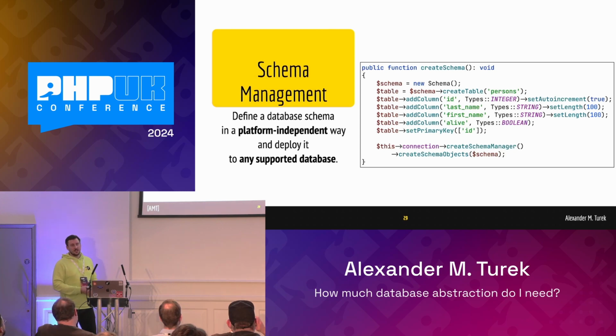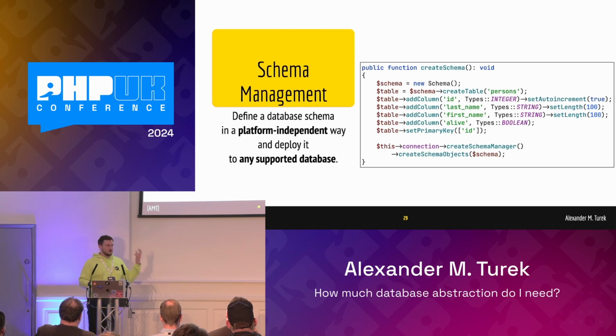This is especially helpful when you are dealing with different databases, because those DDL statements like the create table statement or the alter table statement are pretty much different in each SQL dialect. So creating a schema in a database agnostic way and then deploying it to the database is something that the ORM needed. If you need something like this as well, you can just leverage this.